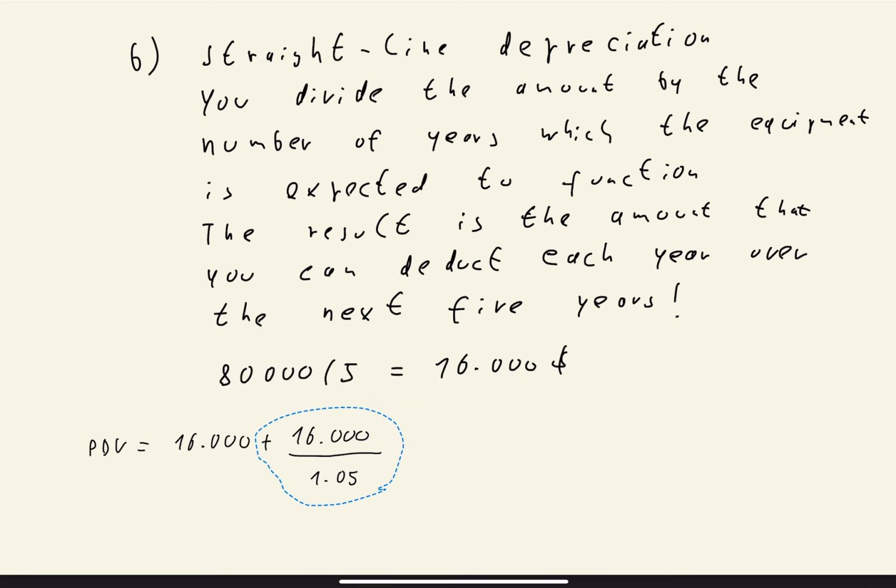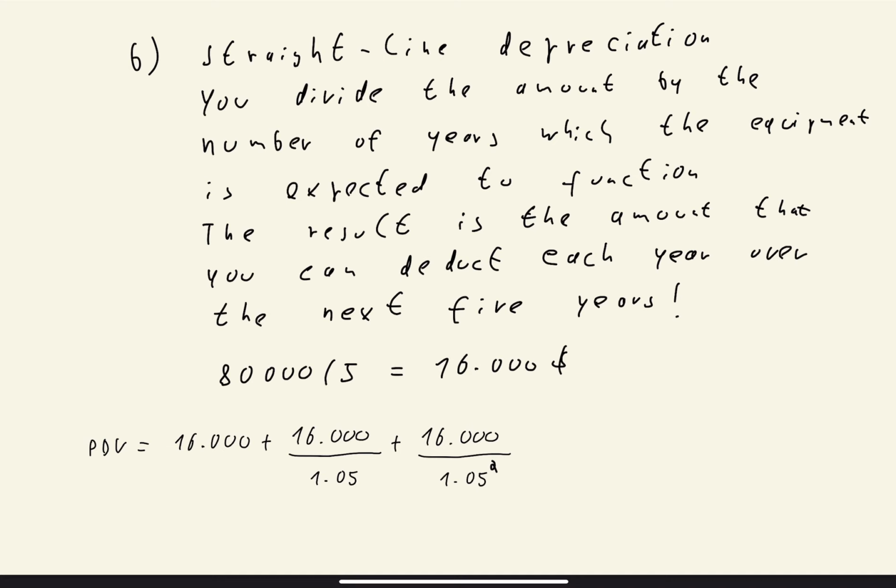So the first term is denoting basically the amount that I can deduct this year. So this is 16,000 dollars. The next year, from today's perspective, is then 16,000 dollars divided by 1.05 because I need to discount since it's in the future. To this, you add 16,000 divided by 1.05 to the power of 2.